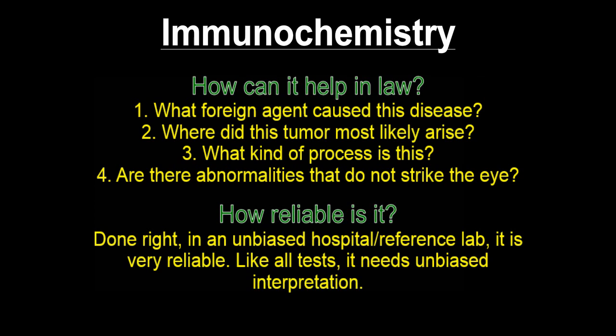For example, if you have an index of suspicion based on the clinical data that the patient may have had a hepatitis virus infection, sometimes immunochemistry can identify that even if the direct histology doesn't. How reliable is it? In an unbiased hospital or clinical laboratory, which is accredited, it is extremely reliable. However, like all tests, it needs an unbiased interpreter.